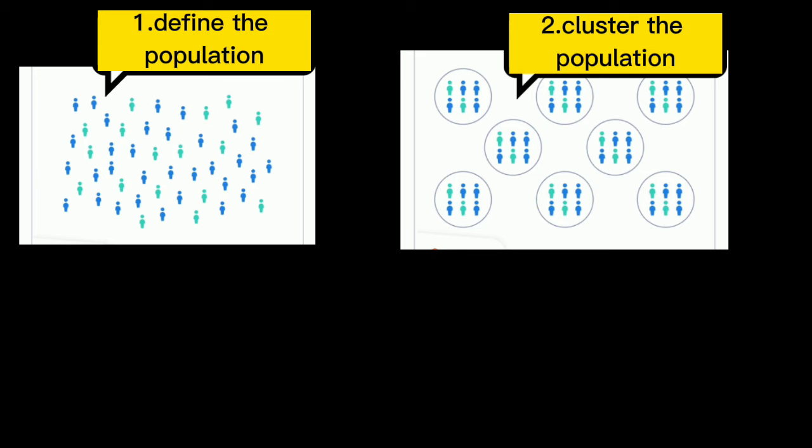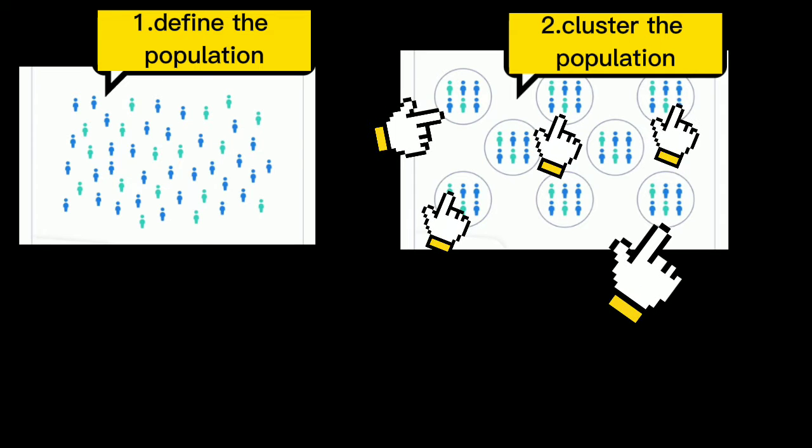Then you must divide your sample into clusters. This is the most important part of the process. The quality of your clusters and how well they represent the larger population determines the validity of your results. Each cluster should have a similar distribution of characteristics as the distribution of the population as a whole.